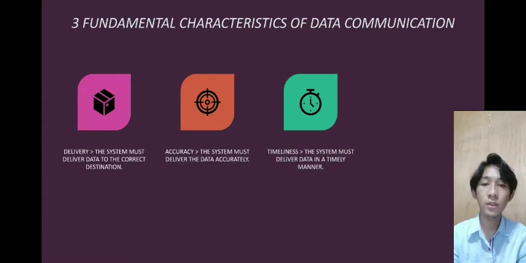Means, the person that you're going to send the information to will receive it correctly. Accuracy. The system must deliver the data accurately. Means there's no error. Timeliness. The system must deliver data in a timely manner. Means when you're sending the message, the receiver will receive it according to the time you send the message.